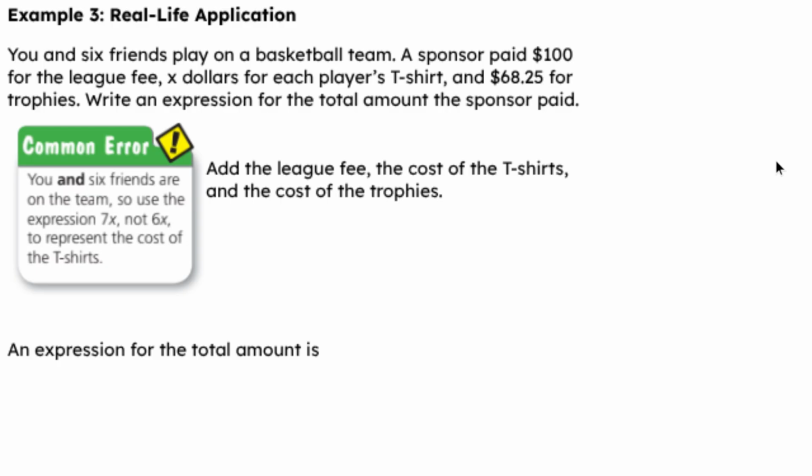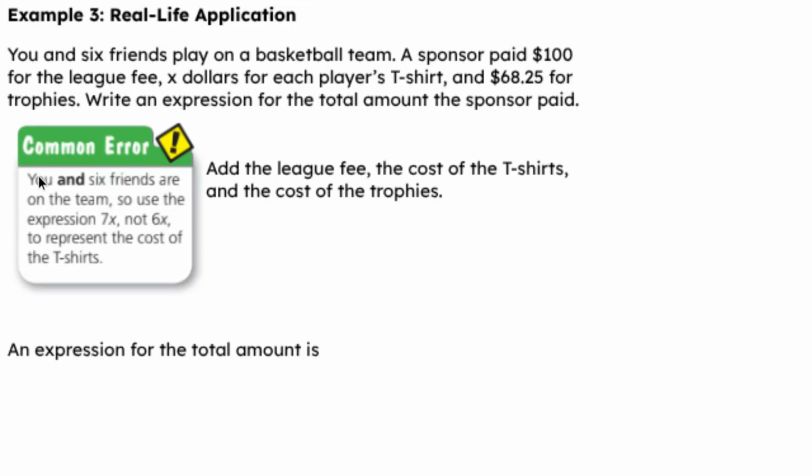And then I have a real life example. So you and 6 friends are playing on a basketball team. A sponsor paid $100 for the league fee, x dollars, so an unknown amount of dollars for each player's t-shirt, and $68.25 for trophies. We're going to write an expression for the total amount the sponsor paid. So we're going to add the league fee, the cost of the t-shirts, and the cost of the trophies.